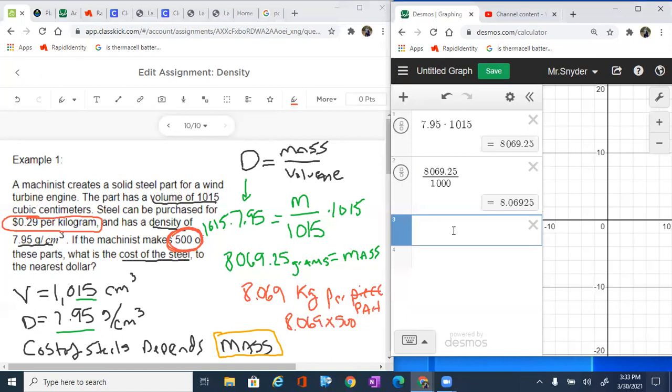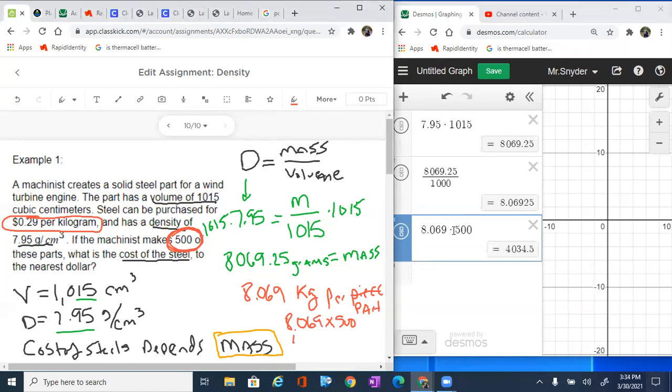So let's do that. Let's take 8.069 and multiply it by 500. That's going to give us 4,034.5 kilograms of material that we're buying.